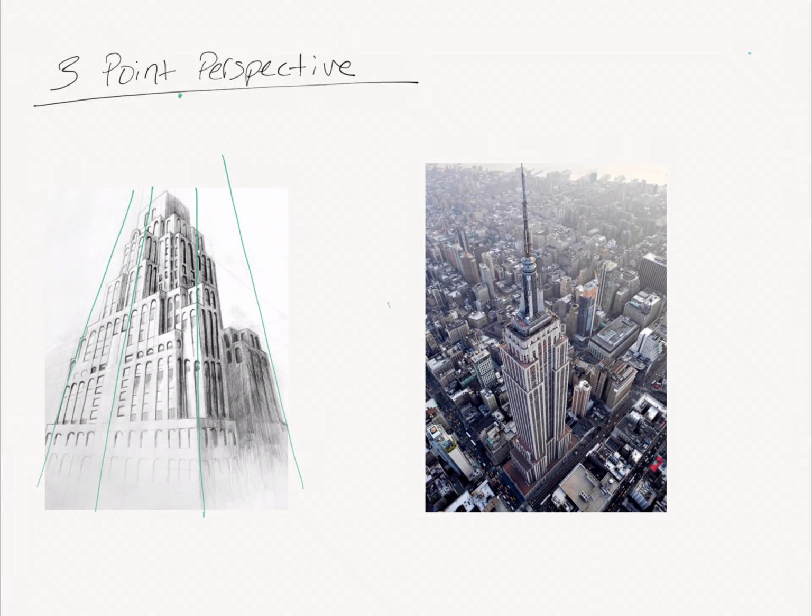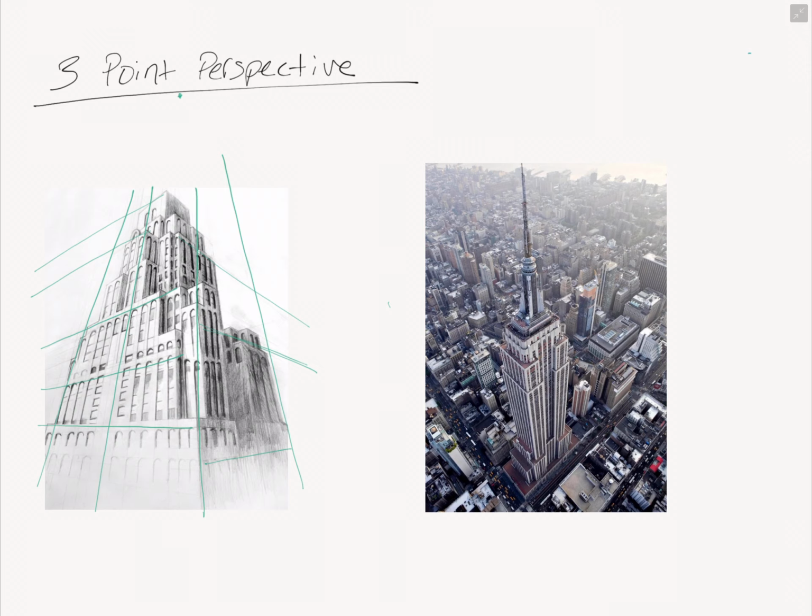And it looks very similar to the image that was in 2-point perspective because you can see all of the lines used to help make this building here. They will all come to a vanishing point on the left-hand side of the image. And the same is true on the right-hand side of the image.